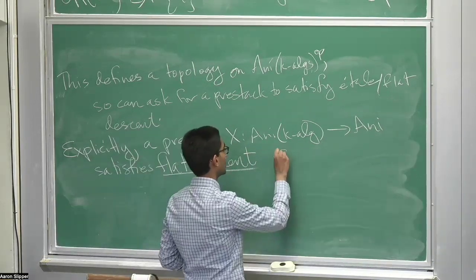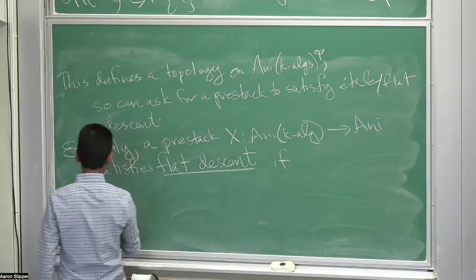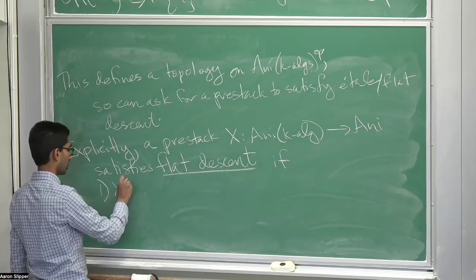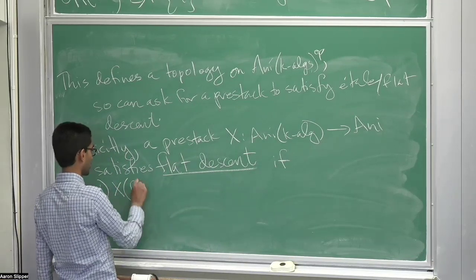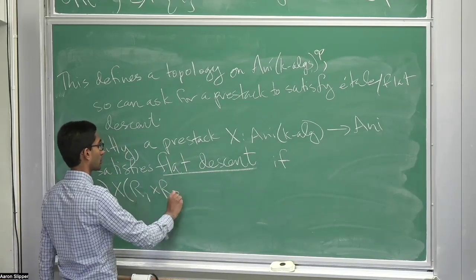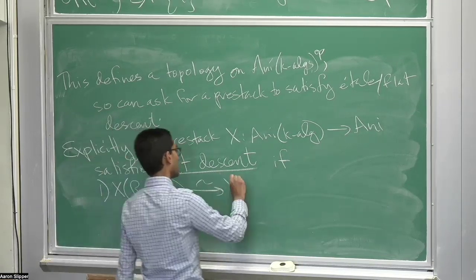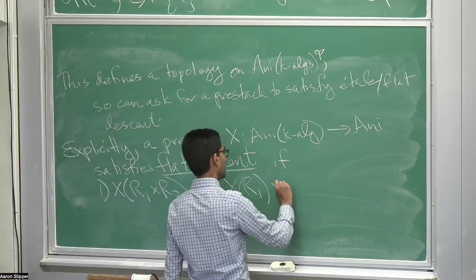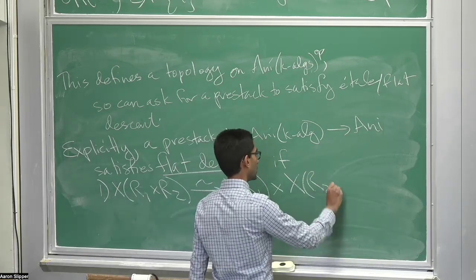Very explicitly, what you need is that, first, X takes finite products to products: X of R1 cross R2 is equivalent to X of R1 cross X of R2.